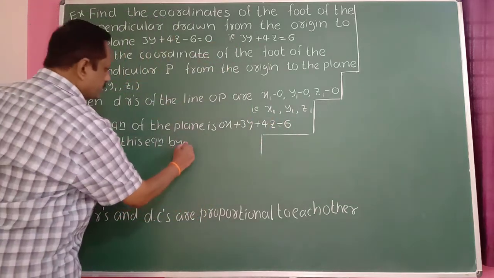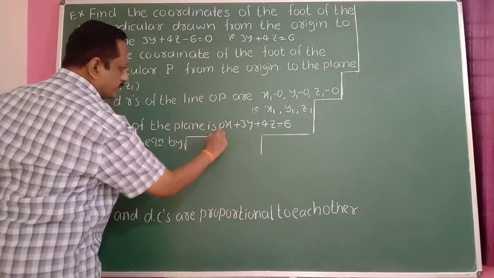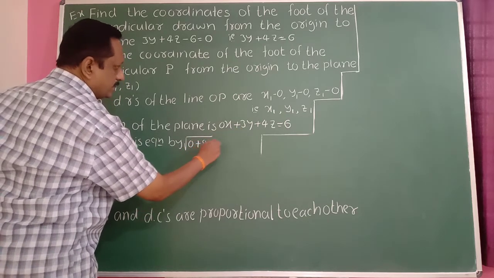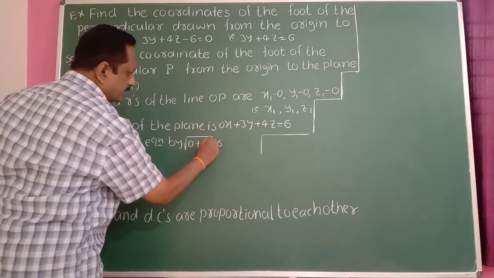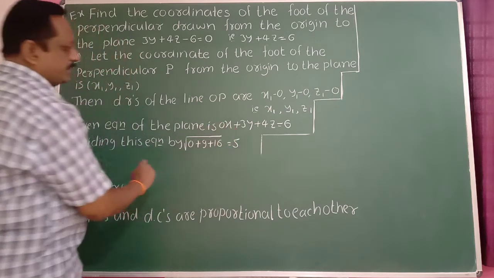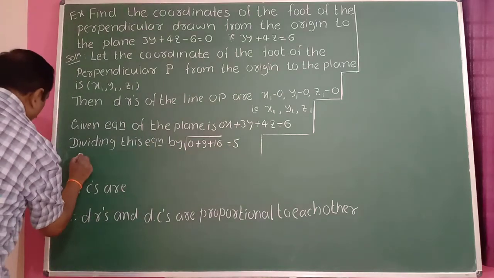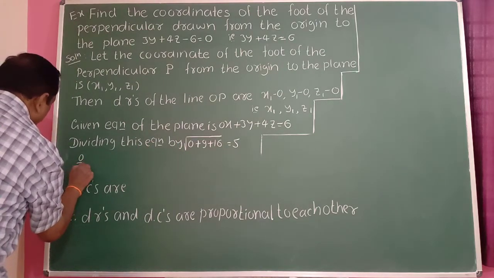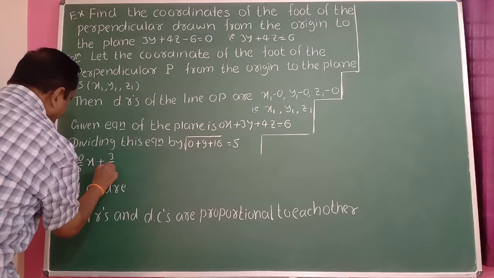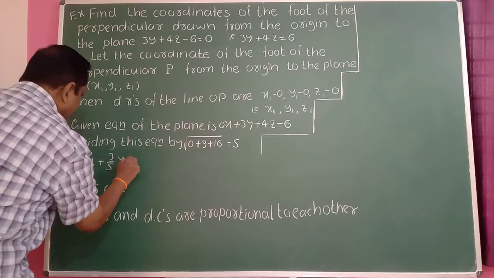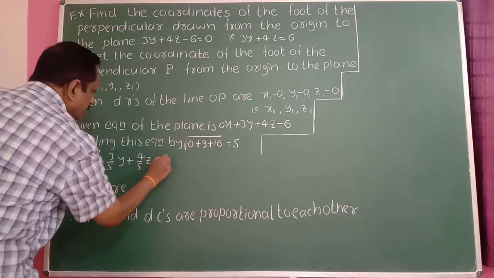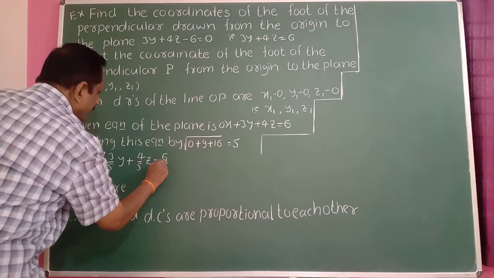Dividing both sides by root of 0 square is 0 plus 3 square is 9 plus 4 square is 16 here. So 9 plus 16 is 25. Square root of 25 is 5. Dividing both sides by 5, 0 upon 5 into x plus 3 divided by 5 into y plus 4 divided by 5 into z is equal to 6 divided by 5.